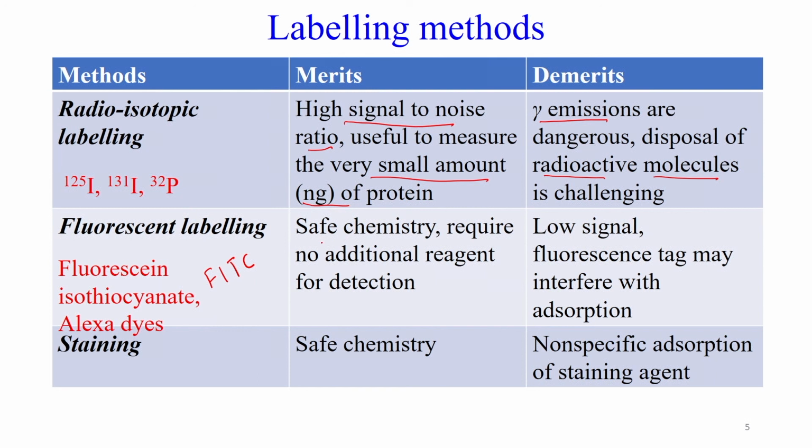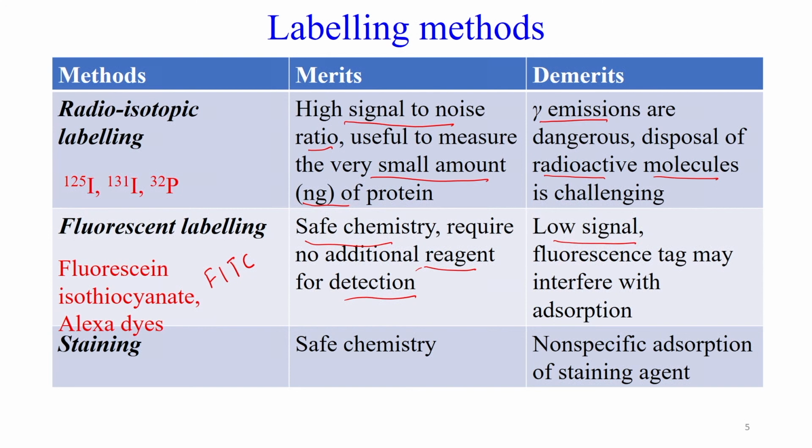The merit of this is that it is a safe chemistry as compared to radioisotope labeling, and no additional reagent is required. We can directly measure the fluorescent intensity to analyze the adsorption.